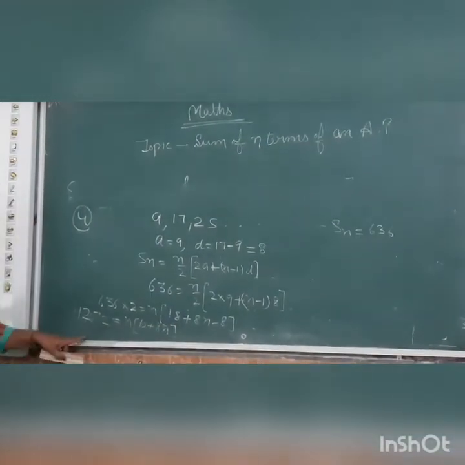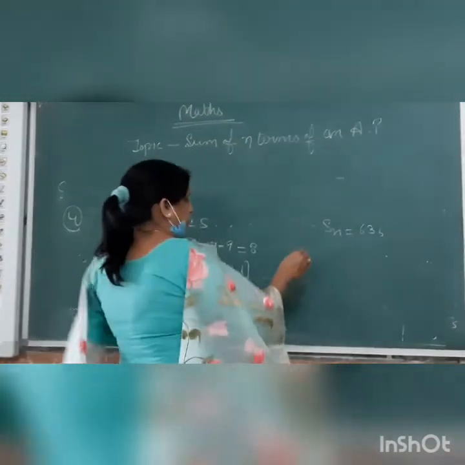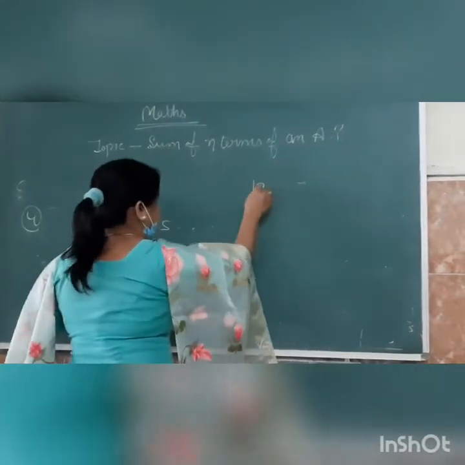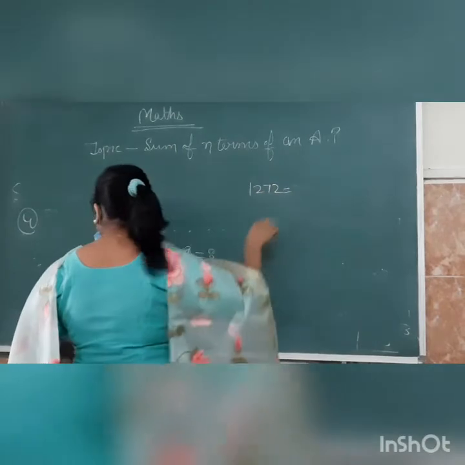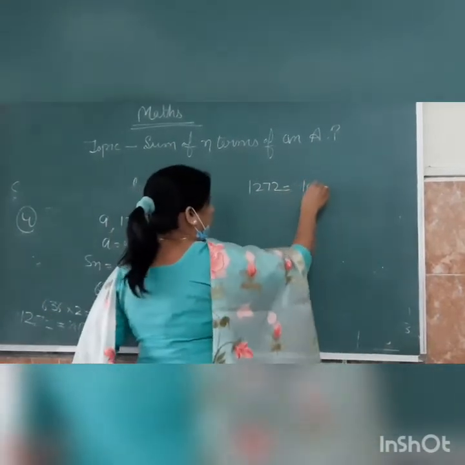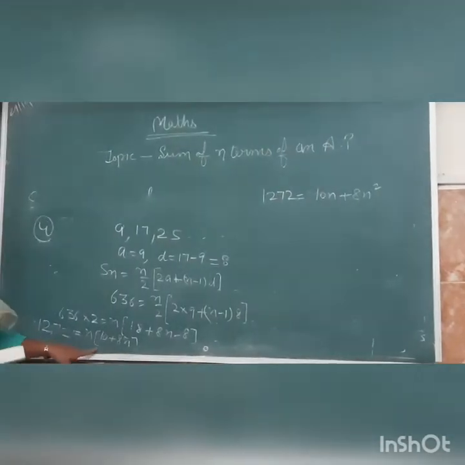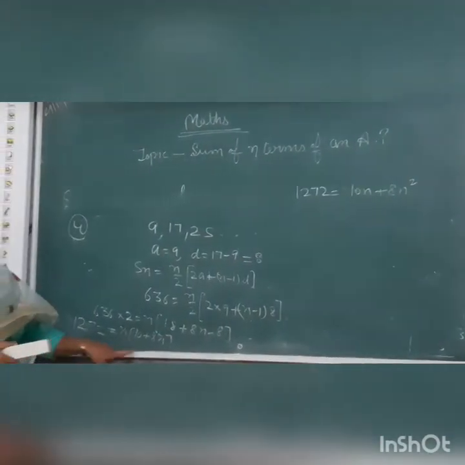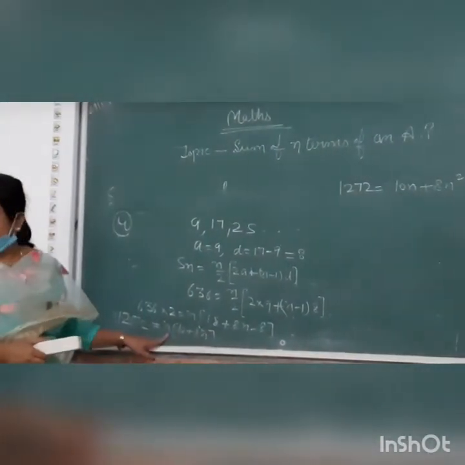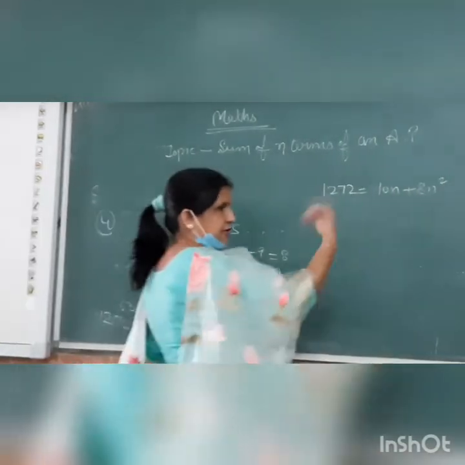Solve it. 1272 is equal to 10n plus 8n. When you multiply it, n में 10n हो गया बेटे and 8n में n हो गया तो 8n. Solve it. Rewrite the terms on one side.